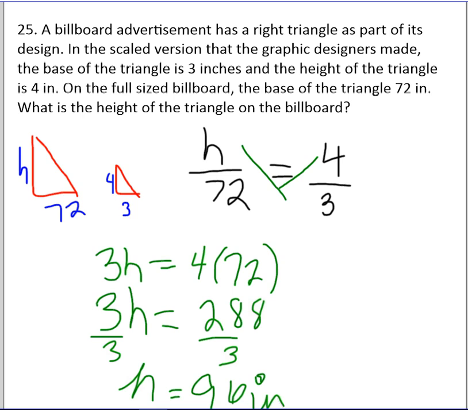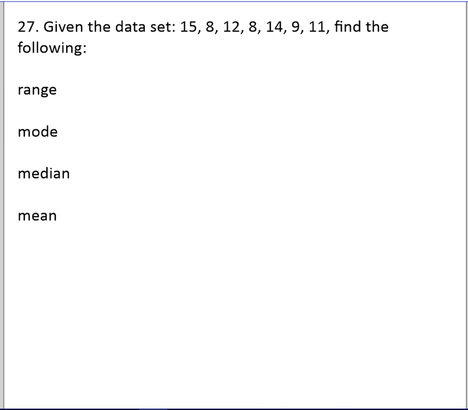Okay, next we're going to look at some probability. We have this data set and we need to find the range, the mode, the median, and the mean. So let's start by organizing our numbers from smallest to biggest so we can see those better.